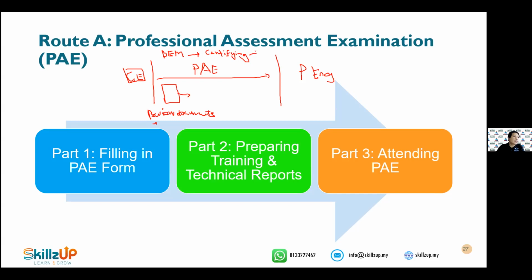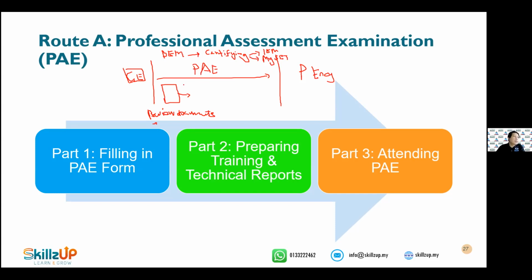For example, there is a certifying body called IEM, the Institution of Engineers Malaysia, as well as MINDSET, Malaysian Science, Engineering and Technology, an organization that performs the PAE assessment on behalf of the foreign engineer.